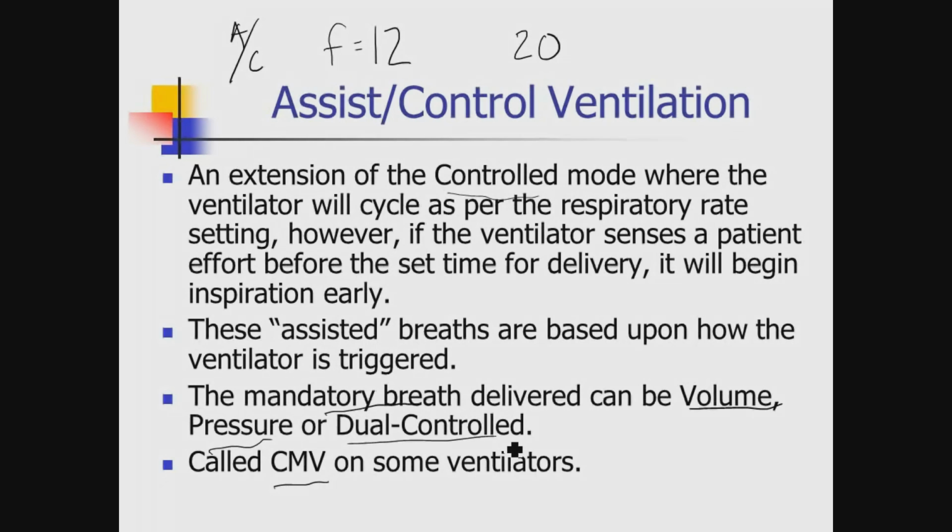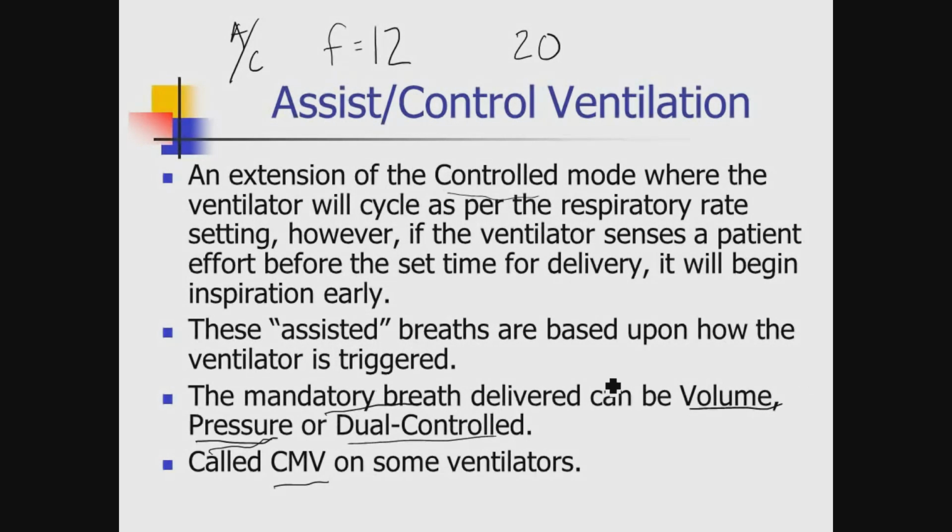Now, depending on volume or pressure, you might not achieve that volume. If it's pressure controlled, are they going to achieve that tidal volume? If we're truly in a pressure-based breath, pressure-controlled breath, volume will be variable, not guaranteed.